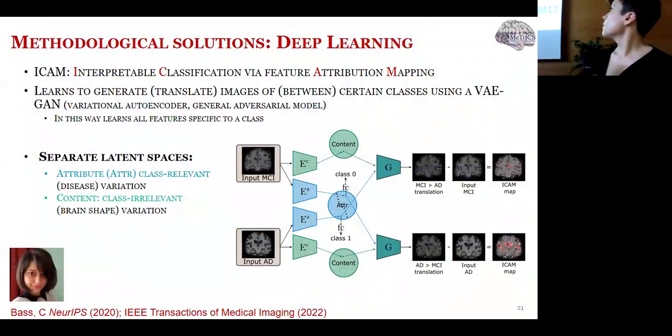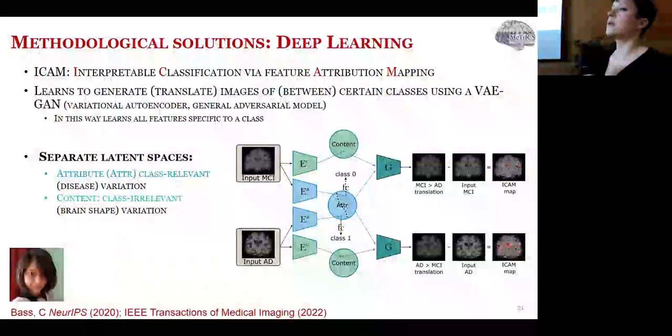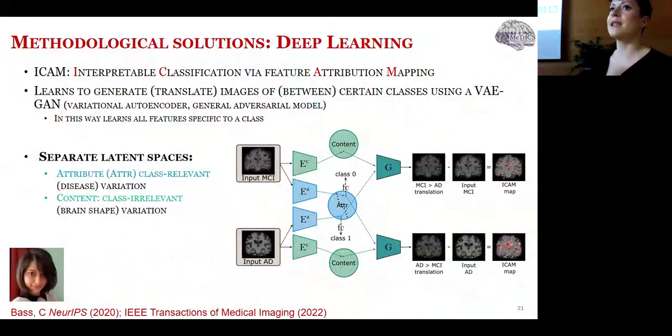But we go further than just doing that to embed the model with some understanding of the biophysical constraints, which is that we know that a lot of the variability is confound variability that we need to disentangle. So we learn two latent spaces of a generative model, one large latent space, which is modeling the cortical shape variability, and another smaller attribute space, which is learning the phenotype of interest.